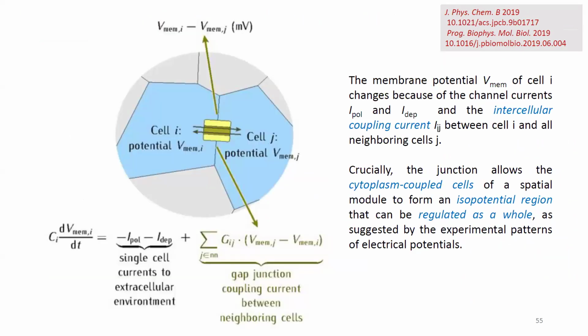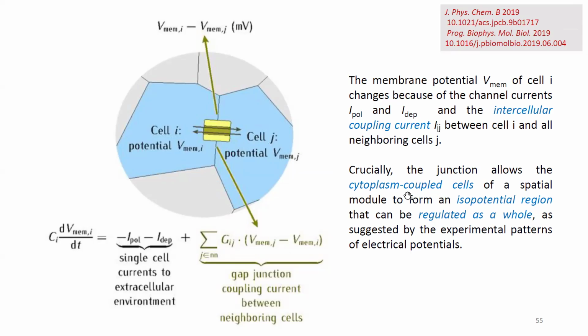Another thing to be taken into account is that when we connect two neighboring cells with a gap junction, we not only permit a current, which is intercellular in nature, what we are doing crucially is to substitute a single cell state by a cytoplasm-connected cell state, which is multicellular in nature.